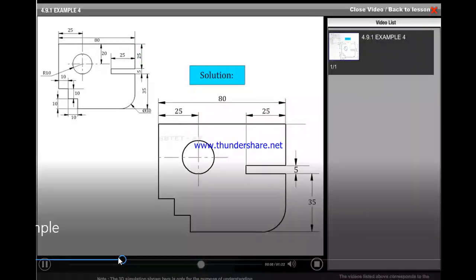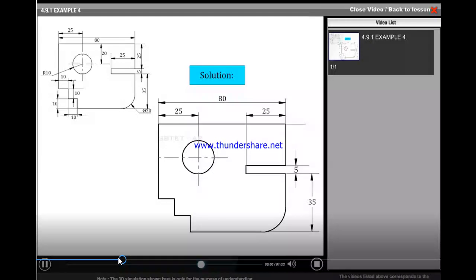Now let us identify the dimensions which are being represented.